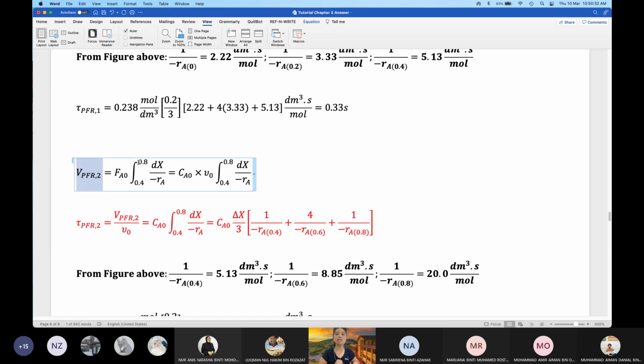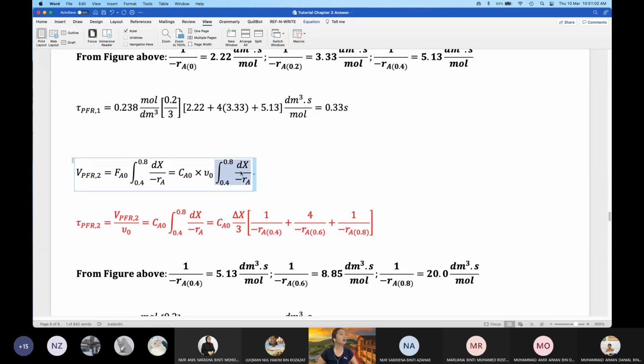Same concept: to find the space time, I need the volume per initial volumetric flow rate. I already have the volume, but I don't have the initial volumetric flow rate. But I remember FA0 is equal to CA0 multiplied with V0. That is something we already know. Okay, so I replace it that way. Then the integral part is still the same. We don't touch the integral part, we just leave it.